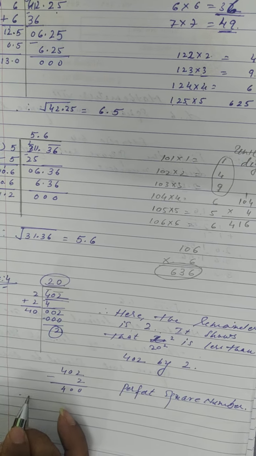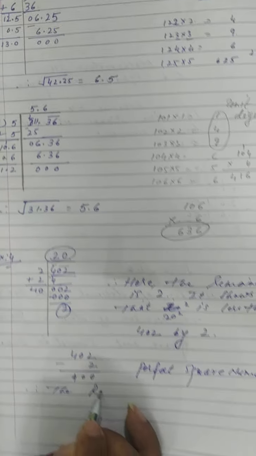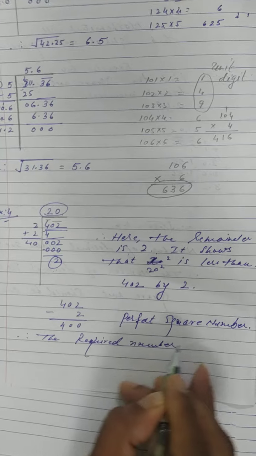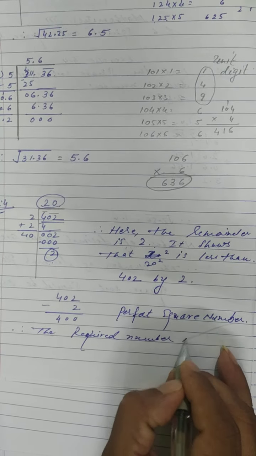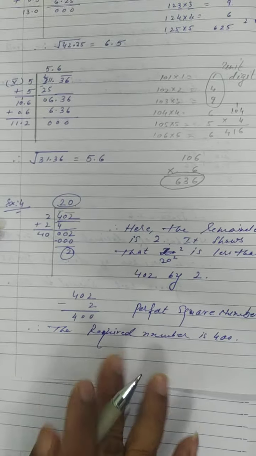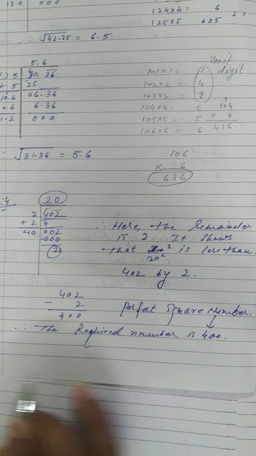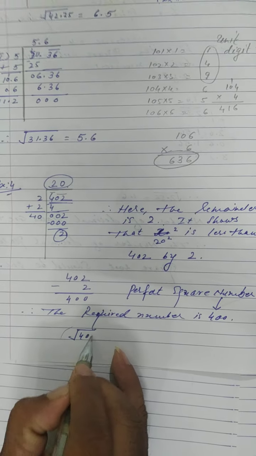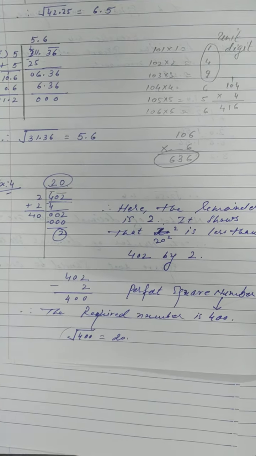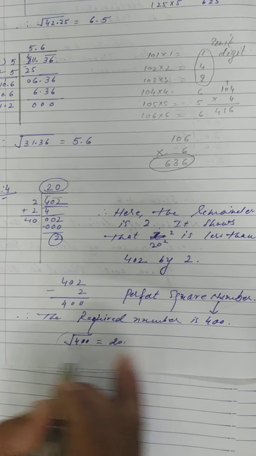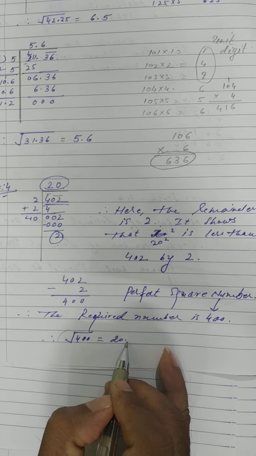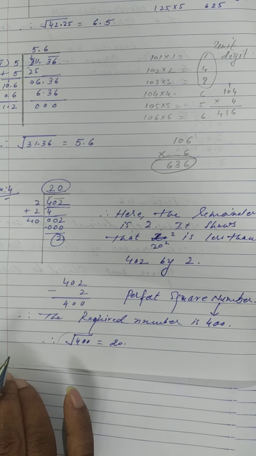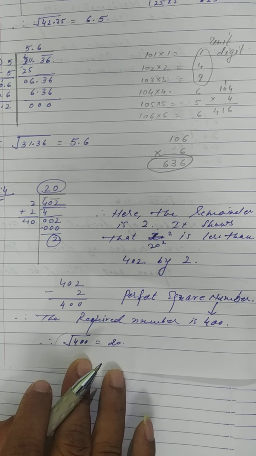The required perfect square number is 400, and the square root of 400 is 20. Therefore, the square root of 400 is 20, right?